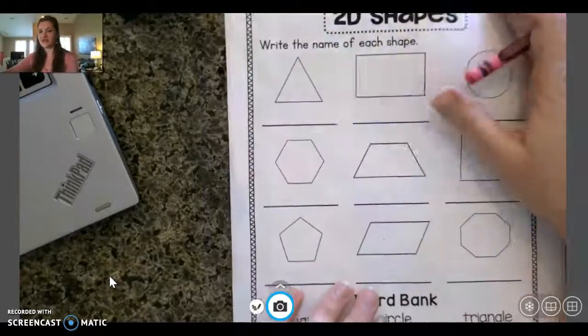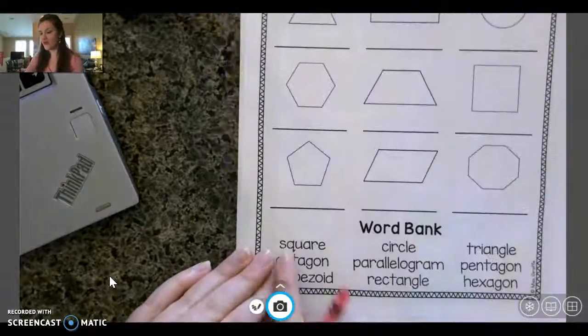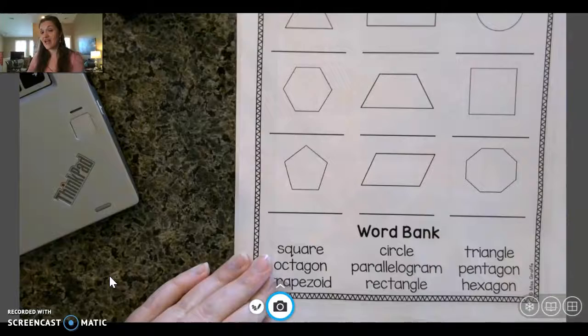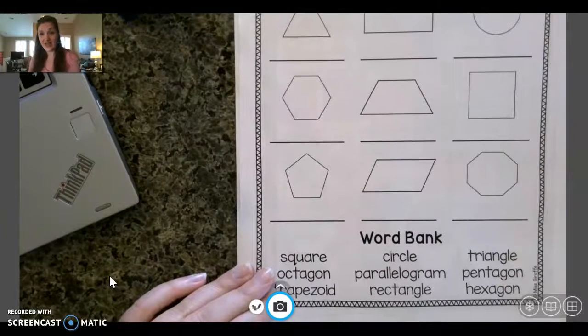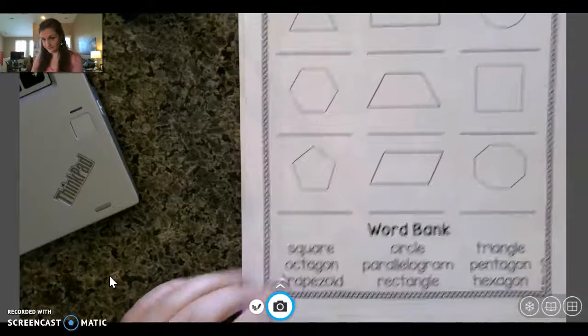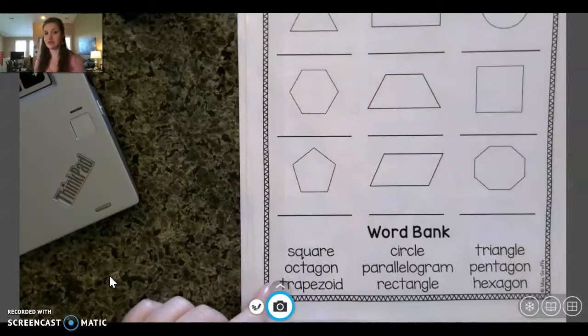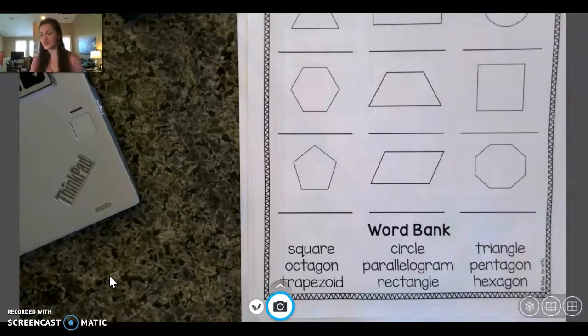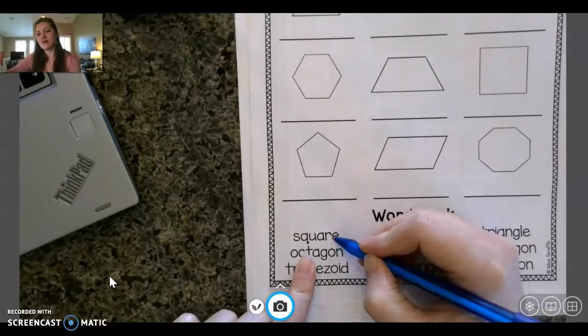The second page, it is asking you to put the names, and we have a word bank down here, but you know what? Some of these words we haven't looked at before. So I am going to give you a little instruction on what some of these extra ones are, okay? So a square, we've talked about a square.